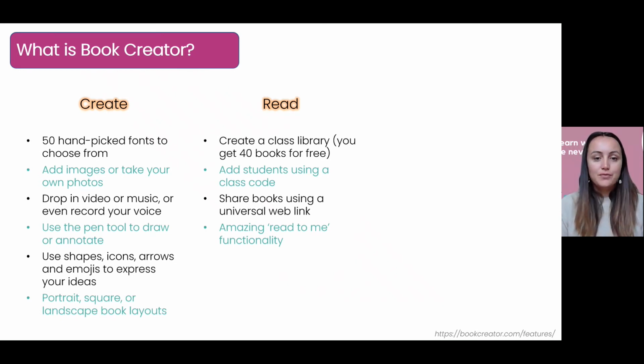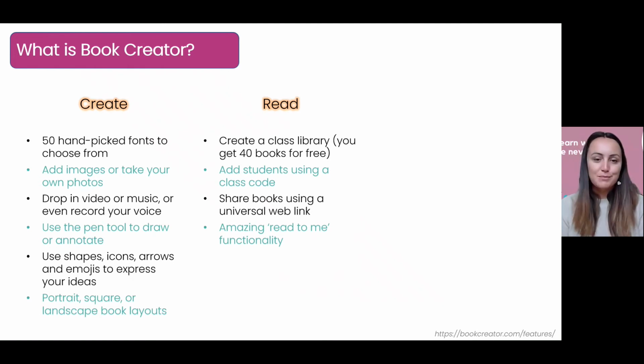So you don't have to then send out a new link every time you update it. Which, you know, if you create a PowerPoint or a Word document and you send it out to somebody via email, then every time you make an amendment, you have to send a new copy of that, unless you're using cloud sharing. But with Book Creator, every time you make an amendment, then the link updates itself.